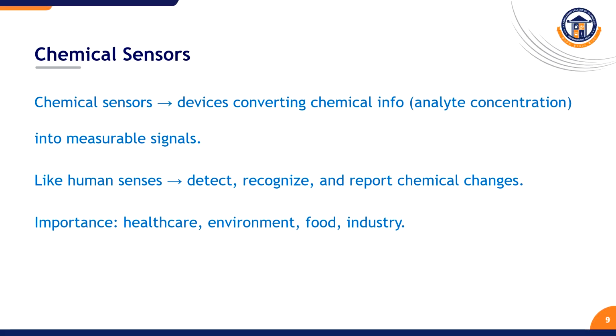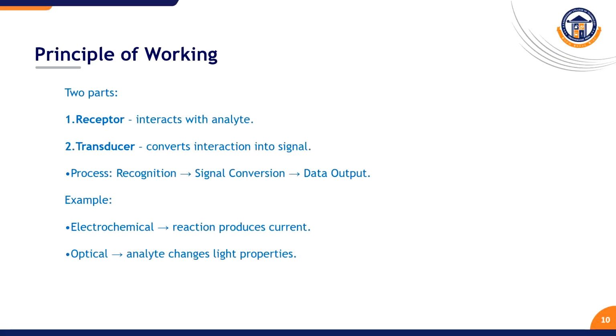Like the human senses, it detects, recognizes, and reports chemical changes. What is the importance of these chemical sensors? They are used extensively in healthcare devices, monitoring the environment, assessing food quality, and industrial safety.